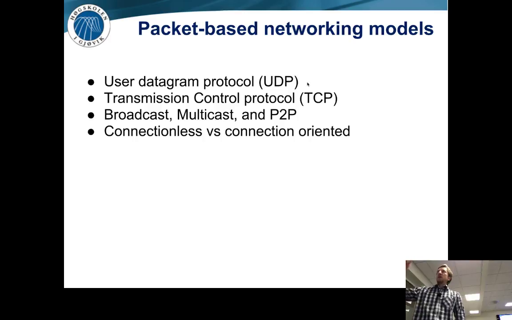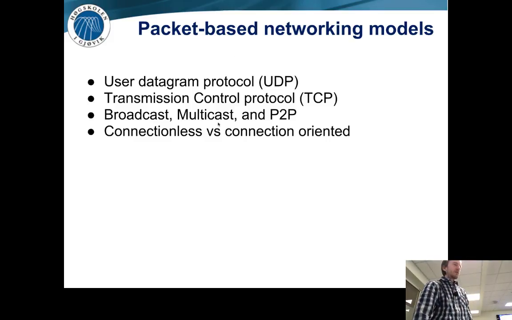UDP, same layer 4, is for communications where we allow losing some packets. So video transmission, voice transmission, if we lost one packet, retransmitting it doesn't make sense. I mean, we're already watching new frames. So if we lost one frame or some previous audio data, then we don't care, right?